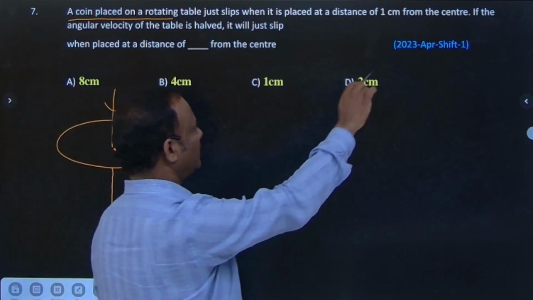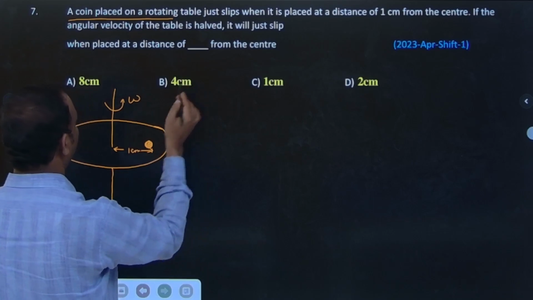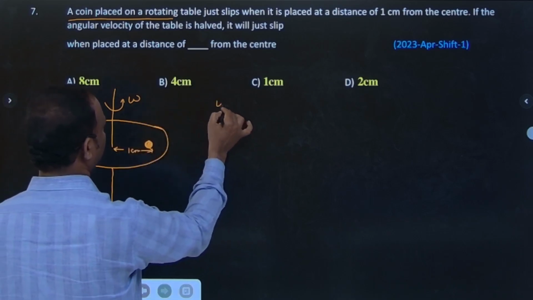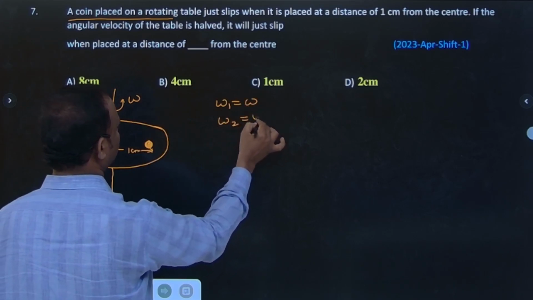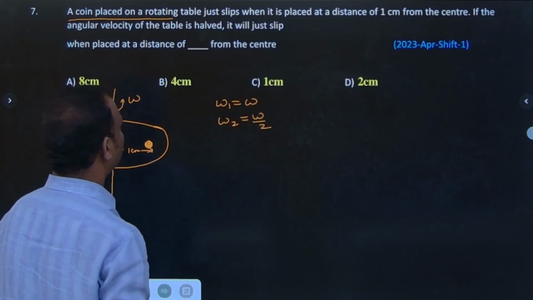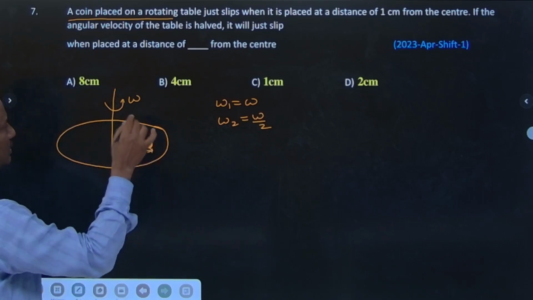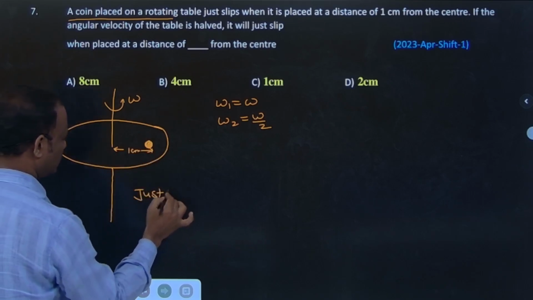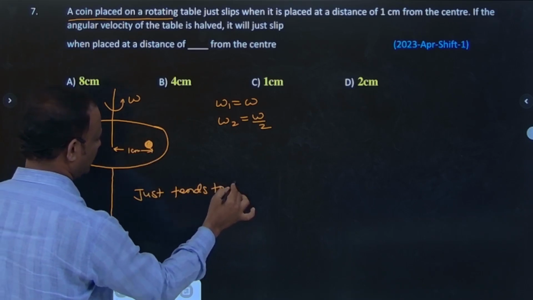If the angular velocity of the table is halved, the first case is omega, and the next case is omega by 2. It will just tend to slip.